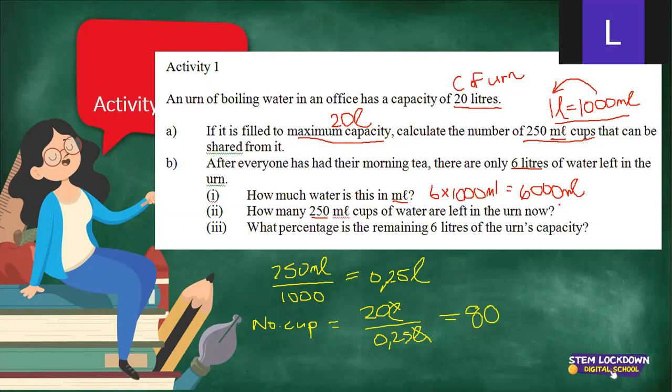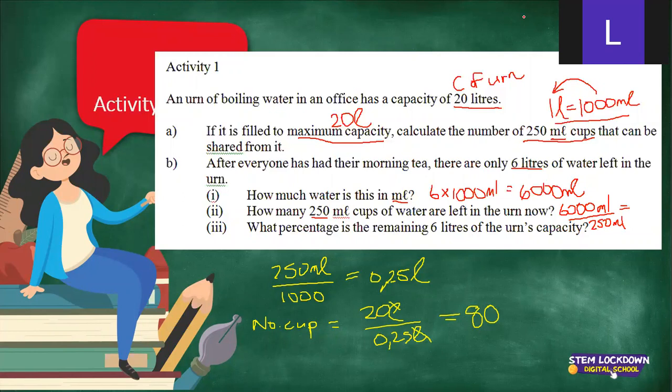So I'll say 6,000 milliliters divided by 250 milliliters.